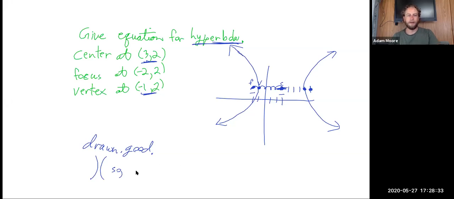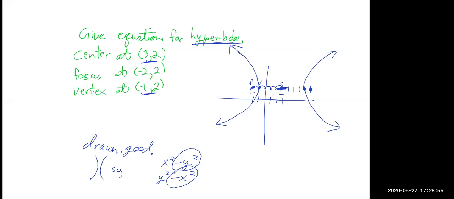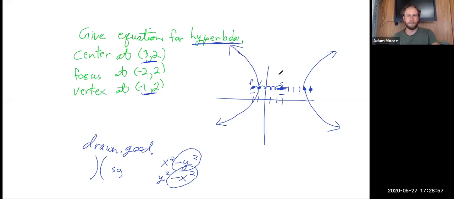So anybody that happens to remember, tell me, if it's the up and down kind, is it the y that's being minused, or is it the x squared that's being minused when we write the equation? Is it x squared minus y squared, or is it y squared minus x squared? Which one is being minused if it's up and down? Is it the y or is it the x? The x. I don't remember. So let's see.